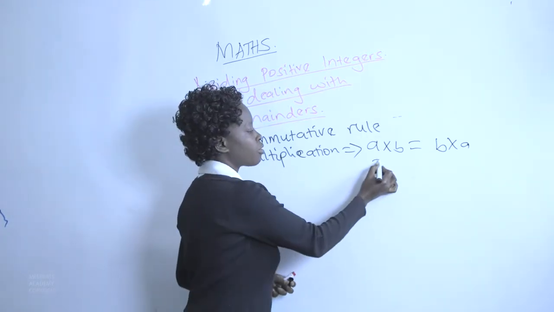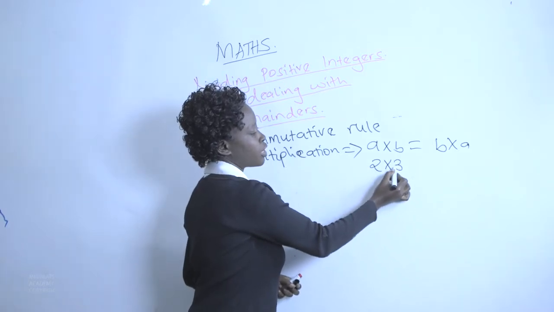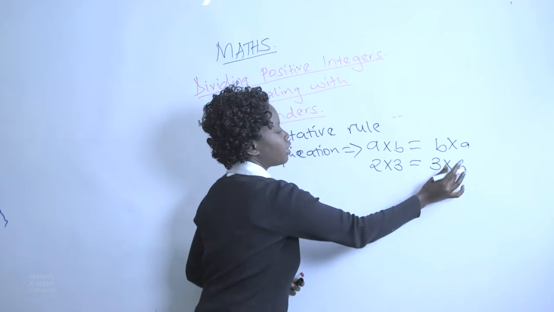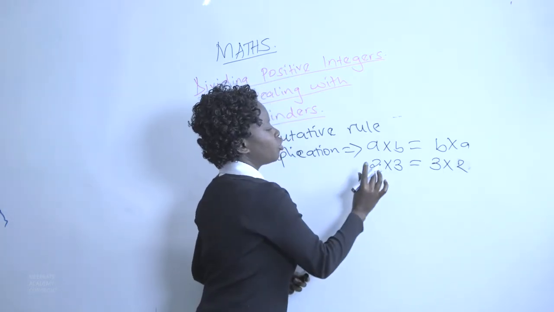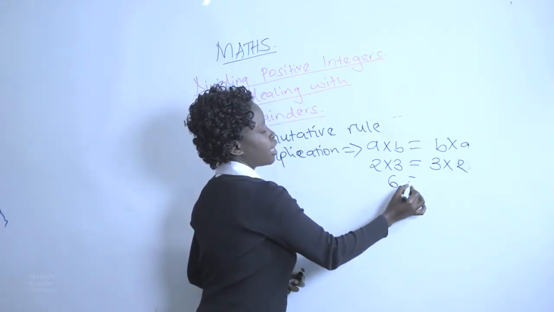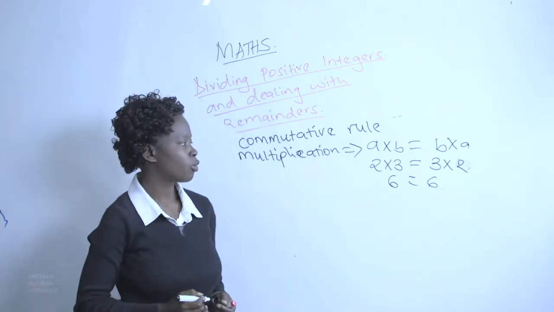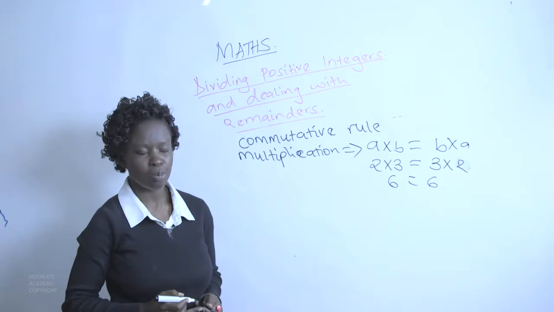An example was 2 times 3 is simply the same as 3 times 2. 2 times 3 is 6, and 3 times 2 is simply 6. That is the commutative rule when it comes to multiplication.